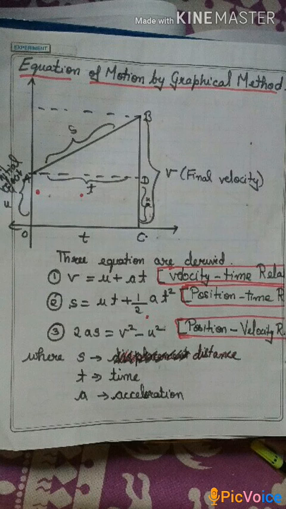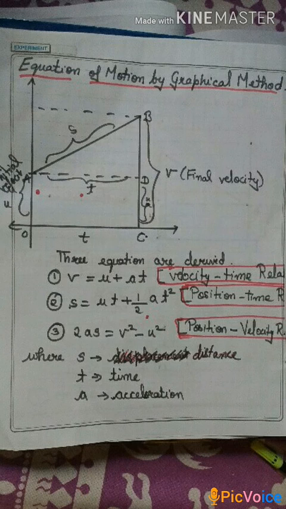Here they have considered an object moving in a straight line with initial velocity u, as I have shown in the diagram, and final velocity v.